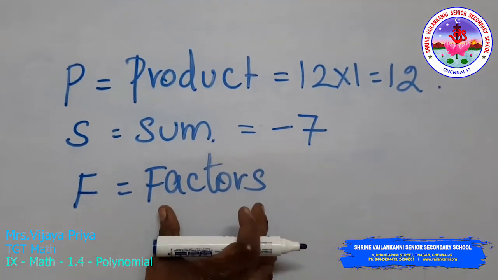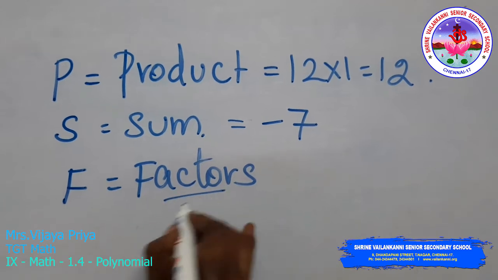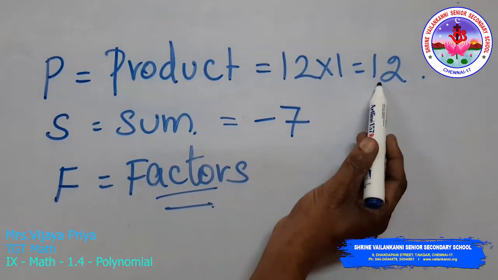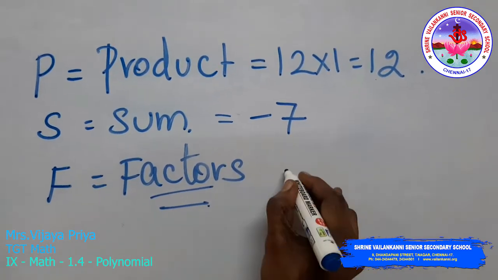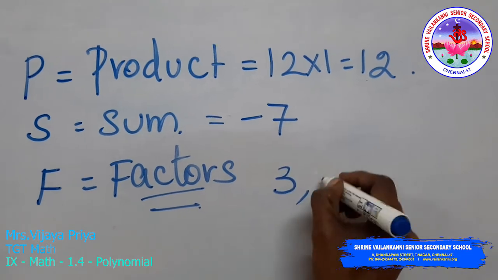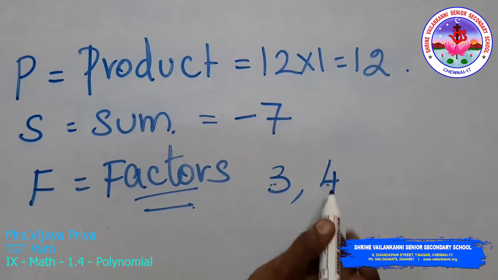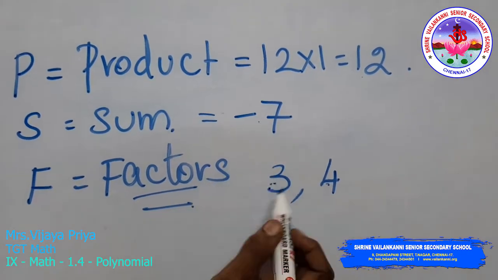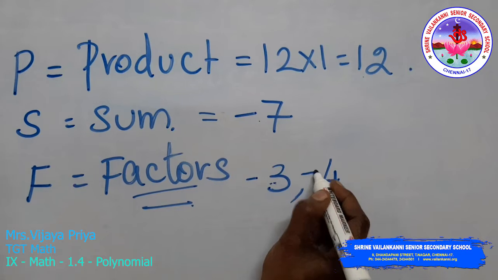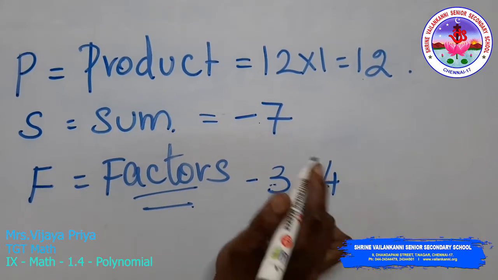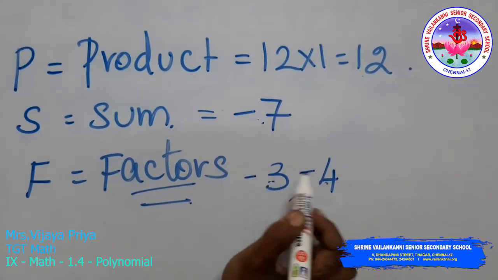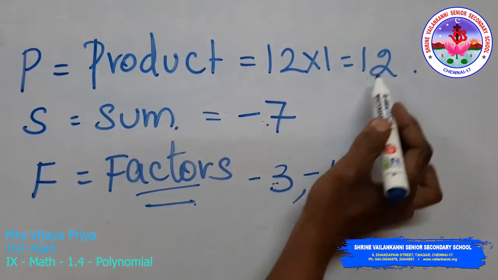So now I am coming to the factors. I am going to find the factors for my product 12. So I get the factors as 3 and 4. If I add those numbers, I should get minus 7, so I am writing minus 3 and minus 4. Minus 3 minus 4 becomes minus 7, and if I multiply, I will get plus 12.